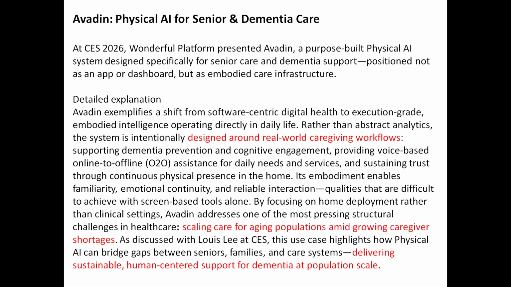And the second one, Aberdeen, I also found by chance while looking around the showroom. I thought, hey, this is what I'm looking for. They specify that they are the world's first physical AI for senior anti-medical care. Oh, this is the one I was looking for.